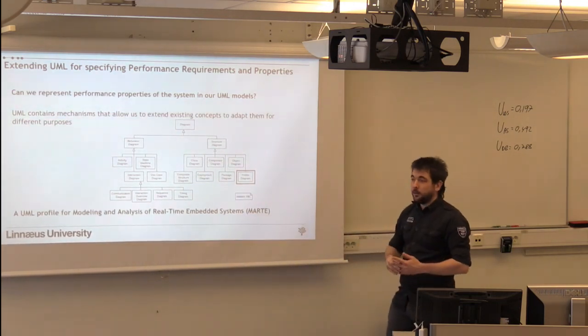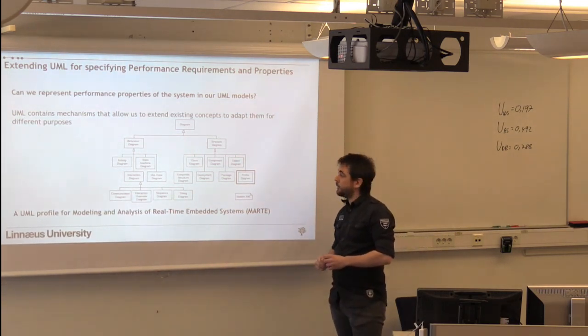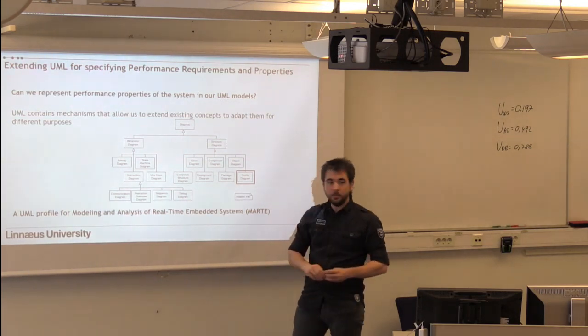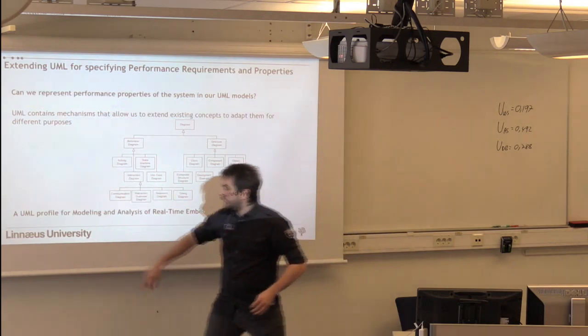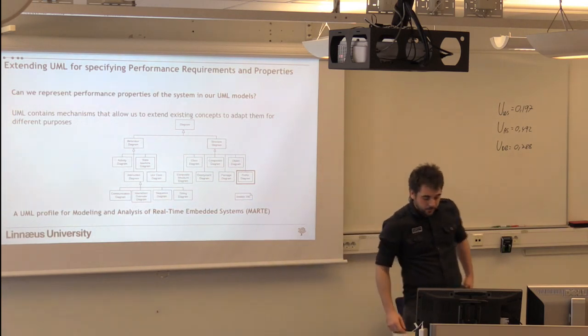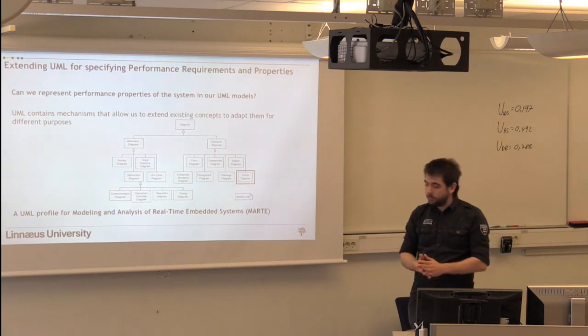And there is one of these profile diagrams created for performance, to represent the performance information. It's a standard proposed by the OMG, the same people who created the UML. And it's called the UML profile for modeling and analysis of real-time embedded systems, the UML profile for MARTE.